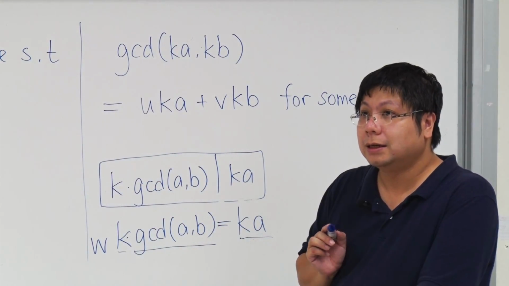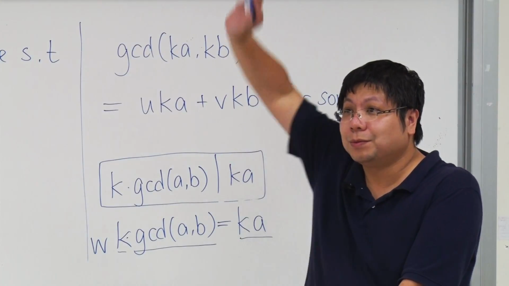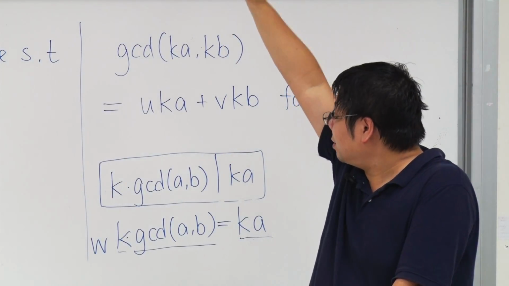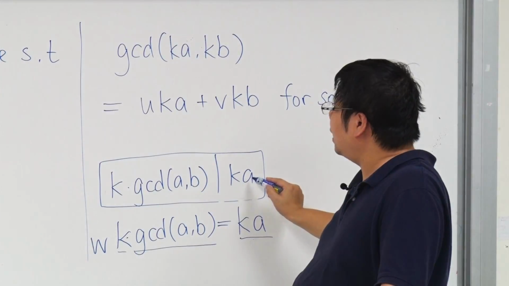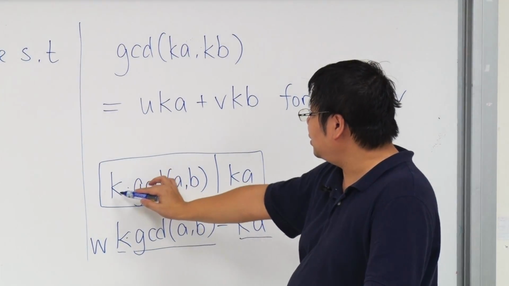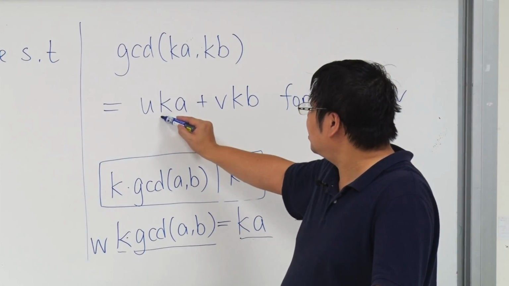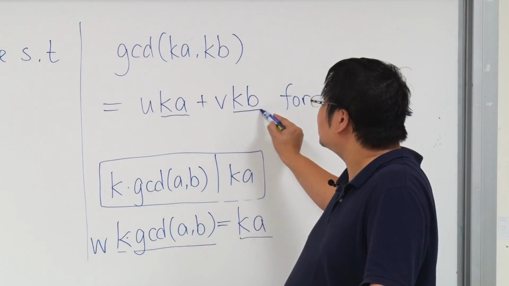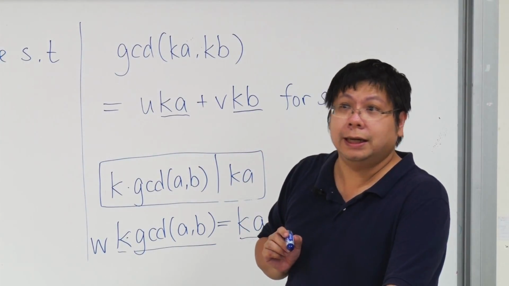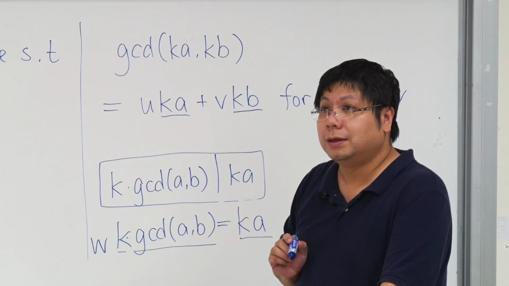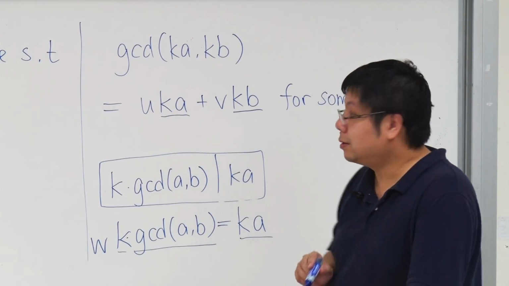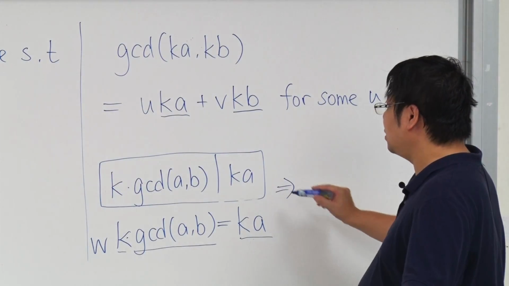Is that okay? If you're okay with this, could you please raise your hand? Okay, now we have K GCD AB divides Ka. We also have K GCD of AB divides Kb using similar arguments. So it divides this part, it divides this part, so it divides the linear combination of them. Okay, so this implies the result.